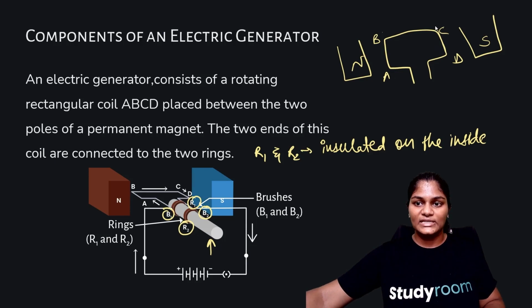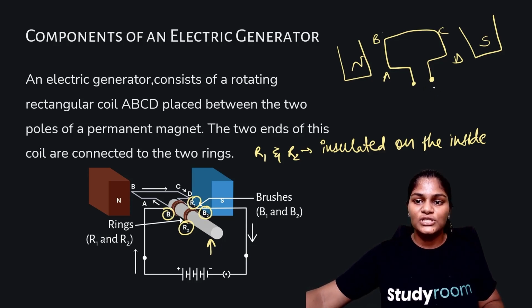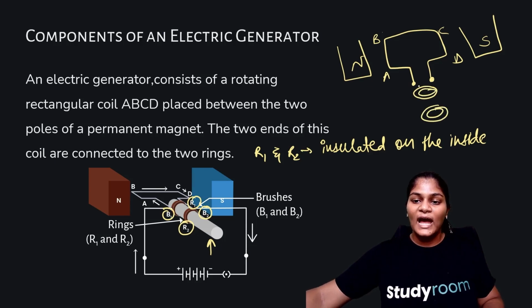Okay, great. Now, the next thing is these two ends. What are they connected to? They are each connected to one ring. So say this is the ring R1 and this is the ring R2. I have not drawn that cylindrical object, you can draw it like this. This is the cylindrical object on which the ring is put.